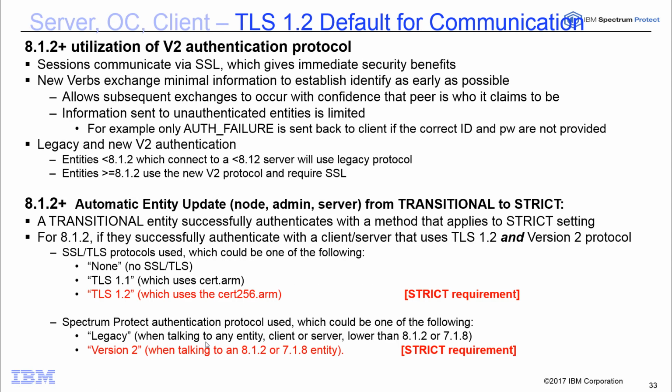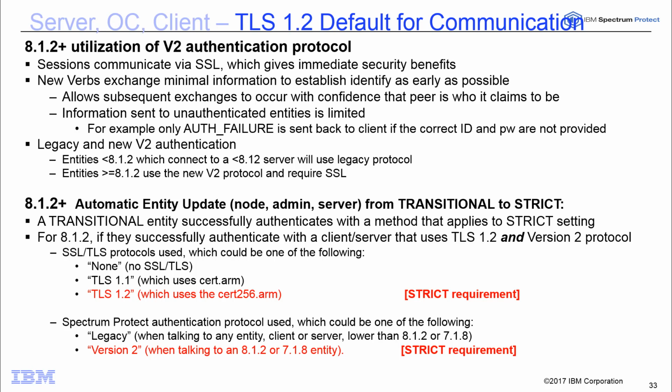The second piece is that underneath the covers, we've changed the way that we communicate and what type of information we exchange when a server connects to another server or when a client connects to a server. And we're tracking this communication obviously with different verbs, and our new verbs are going to exchange the minimal amount of information that's necessary to be able to establish the identity of the other entity as soon and as early as possible.